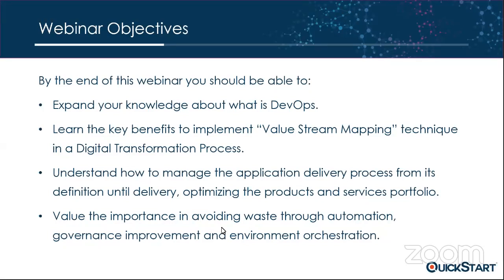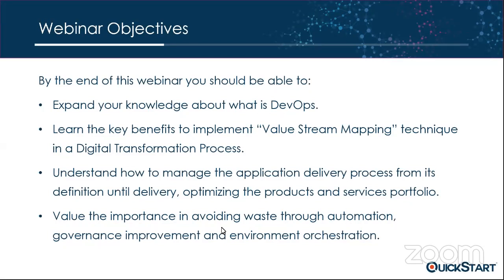After that, the other interesting point is how to manage the application delivery process from the definition of the business requirement until the delivery. Again, DevOps is not only development and operation. DevOps is business. DevOps is vendor management.